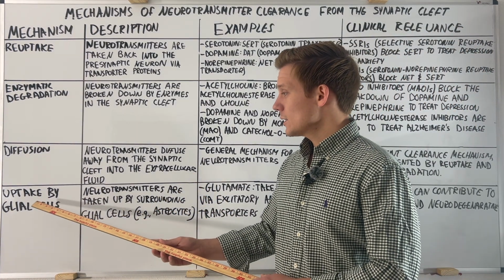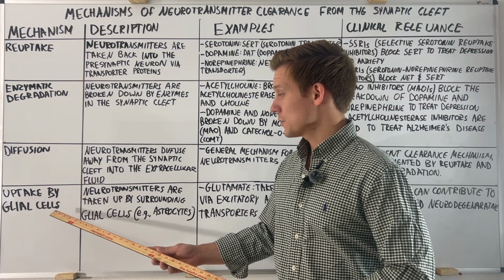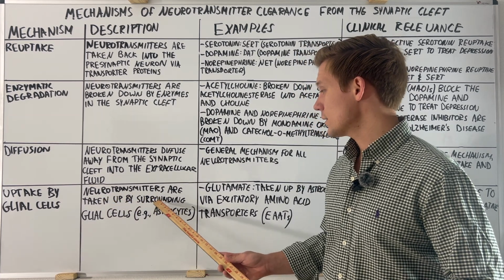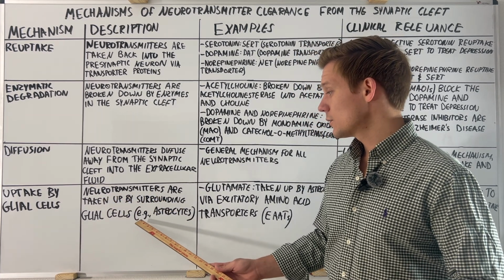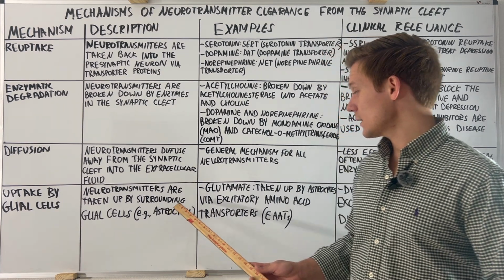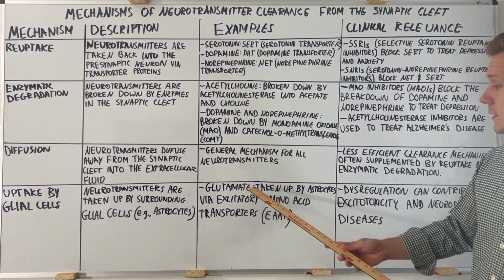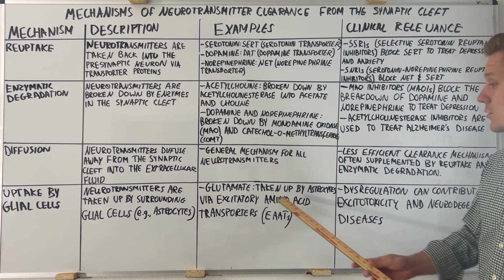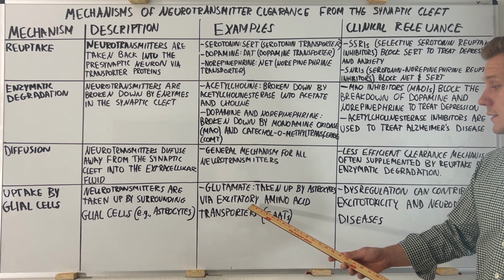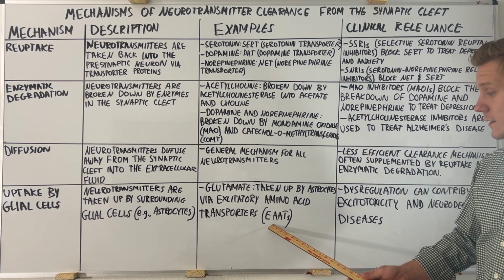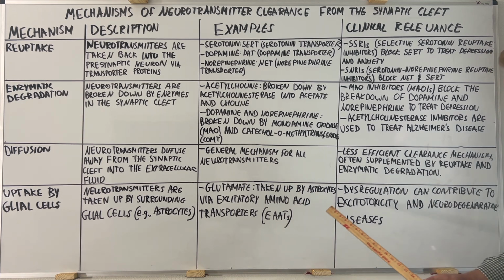The fourth mechanism is uptake by glial cells, which is when neurotransmitters are taken up by surrounding glial cells, for example, astrocytes. And an example of this is glutamate, which is taken up by astrocytes via excitatory amino acid transporters, also known as EAATs.